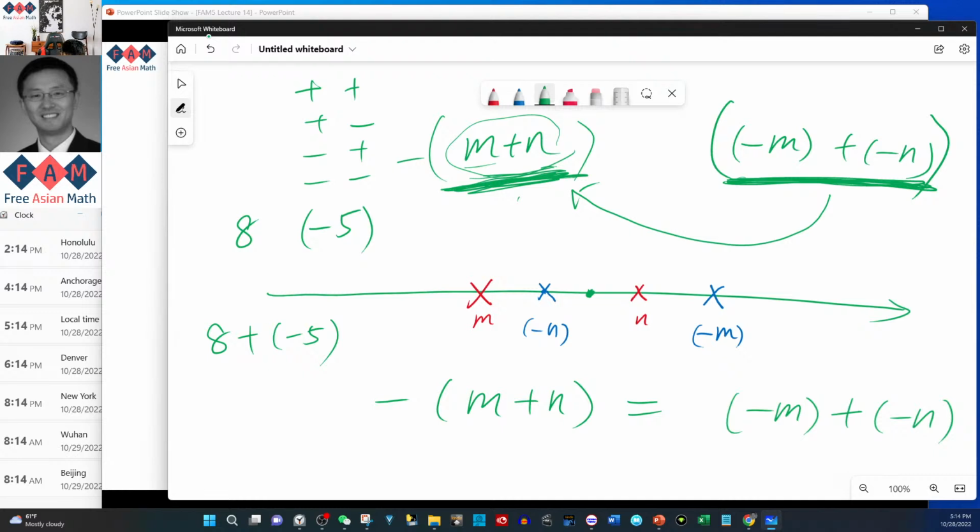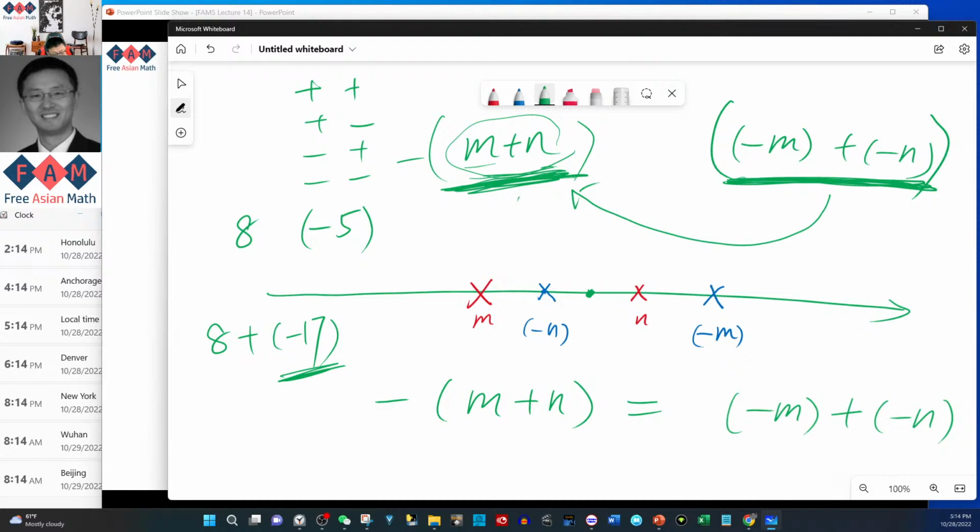But what if this is not 8, it's 17? 8 plus negative 17? Well, the absolute value of negative 17 is larger than the absolute value of 8 itself, so this will give you a net negative result, because the distance between negative 17 and 0 is longer than the distance between 0 and 8.